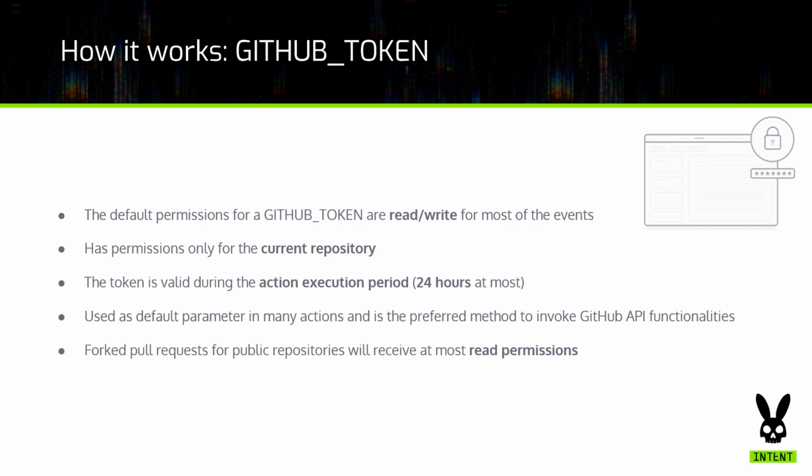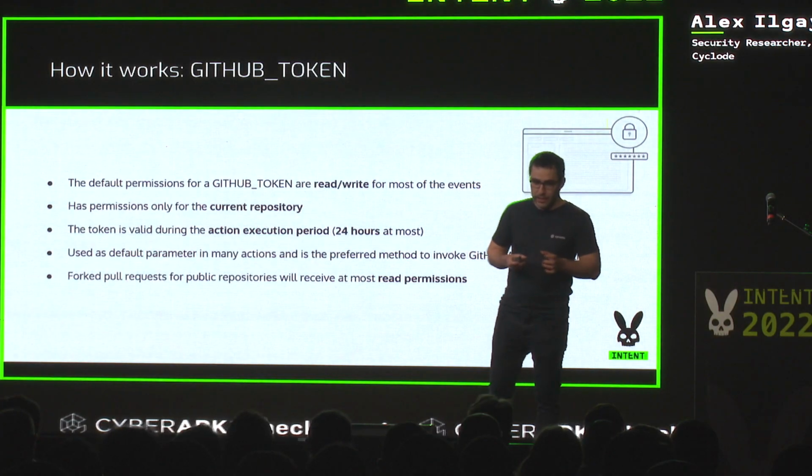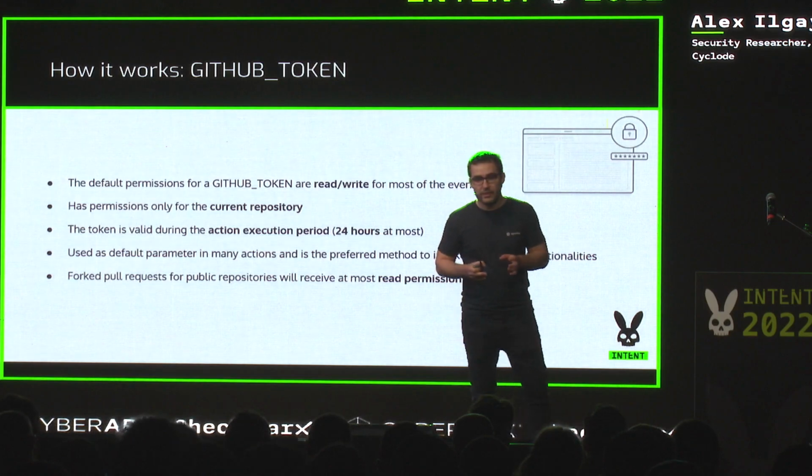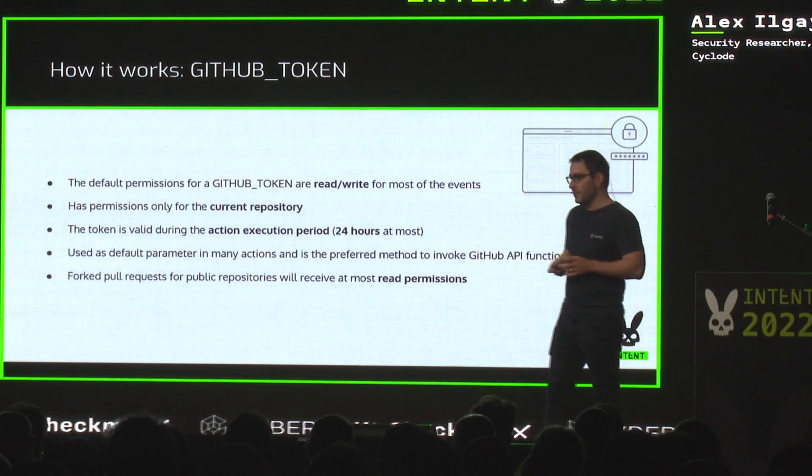So GitHub came up with the idea of creating a GitHub token, which has read-write permission for most of the events for the specific repository where you define your workflow. In addition, it is also limited to the action execution period and 24 hours at most. And it is the preferred method by GitHub to be used with all the custom external actions used in your workflow.